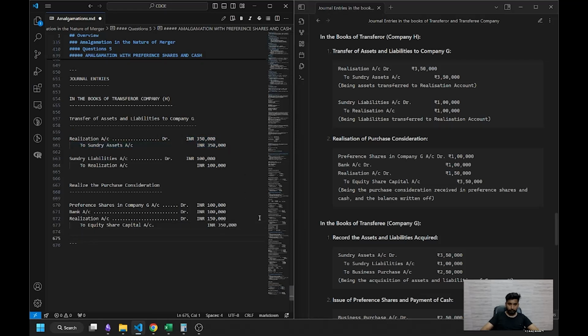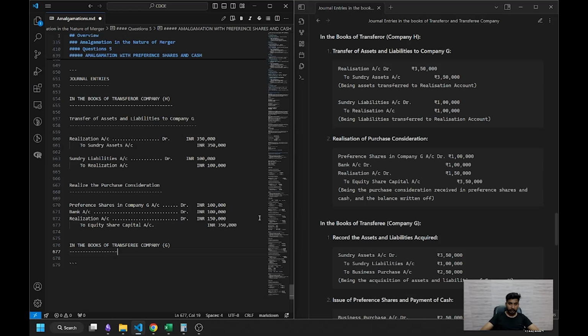After that, we will make the entry in the books of the transferee company. And what is the transferee company?